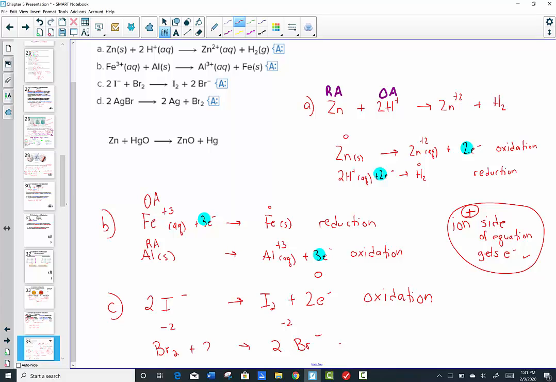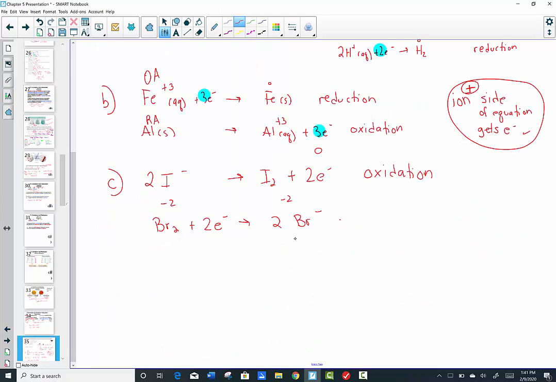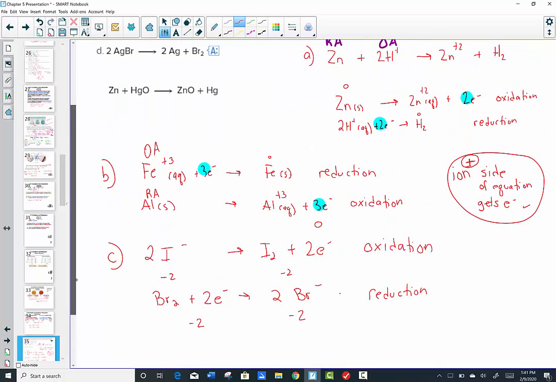Well, that means it had to be 2 electrons on this side to create a balanced charge. They're both -2s. And gaining electrons is the reduction half reaction. Ooh, there. So that's correct now in the notes. Oxidation there for iodine, reduction for bromine.